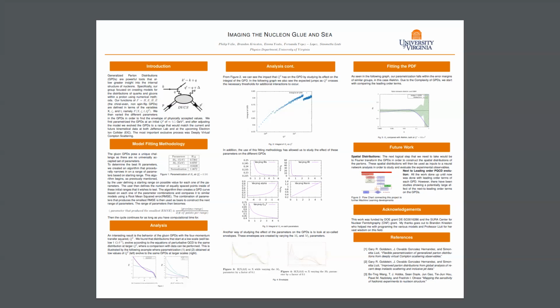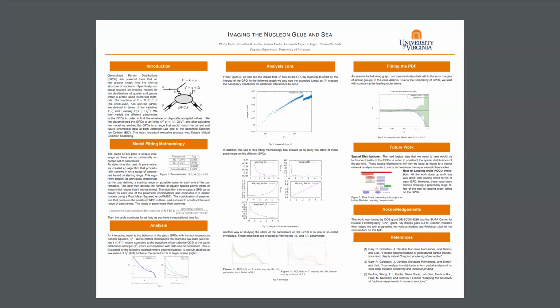We do this for each one of the free parameters, and we get a set of combinations of these parameters. We then take these parameter combinations and create GPD curves, and from these curves, we calculate error values, in particular the root mean squared error, between these curves and existing models and data.